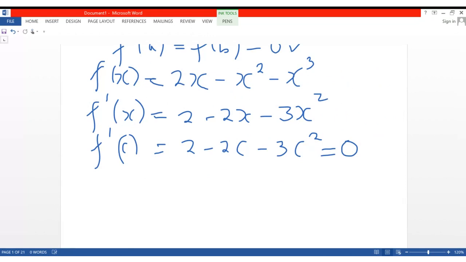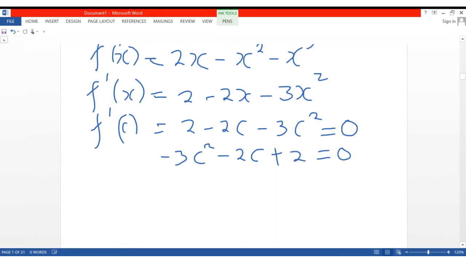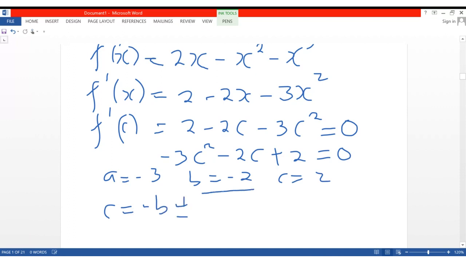So I have negative 3c squared minus 2c plus 2 equal to 0. This is a quadratic equation where our a is negative 3, our b is negative 2, and our c is 2. So let's solve for c. By the quadratic formula, c is negative b plus or minus the square root of b squared minus 4ac, all over 2a.